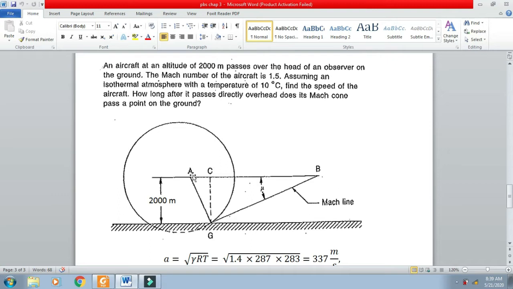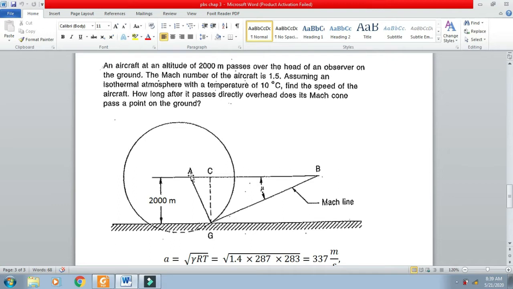Since the case is of supersonic motion, the observer on the ground will not hear the noise of the plane in advance. The observer will sense the motion of the airplane after it has covered a sufficient distance.